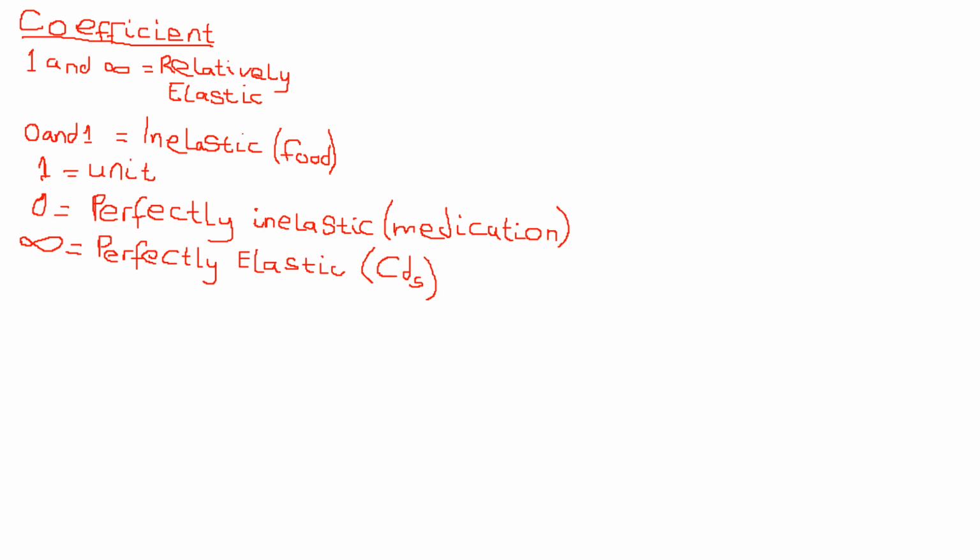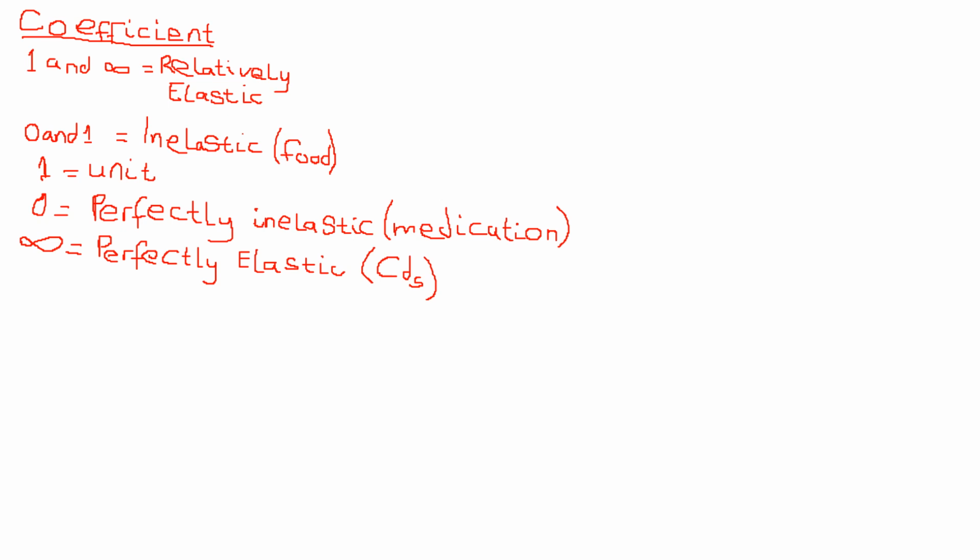Okay, so these are the values that you are going to get when you apply the formula that I gave you in the previous slide. You will find that you get either a value that is between 1 and infinite. If you get a value that is greater than 1 but less than infinite, then we are saying that is relatively elastic.